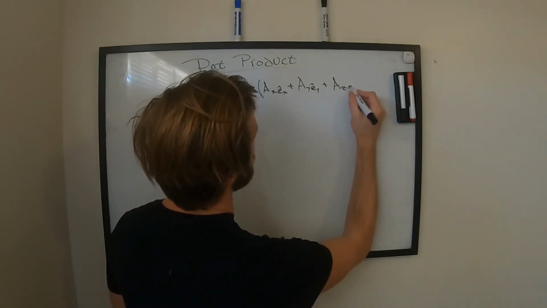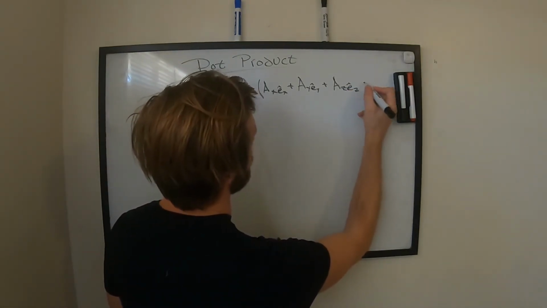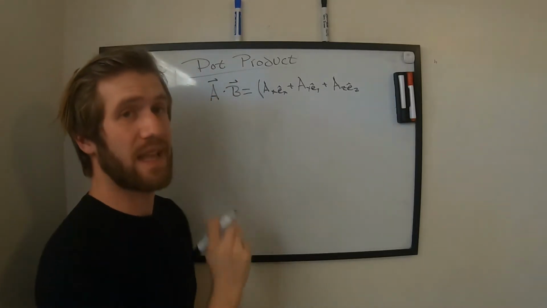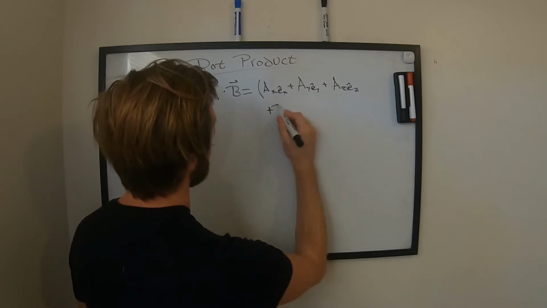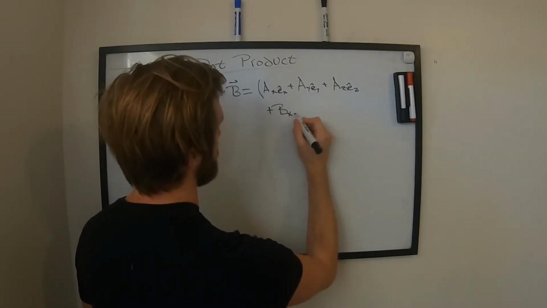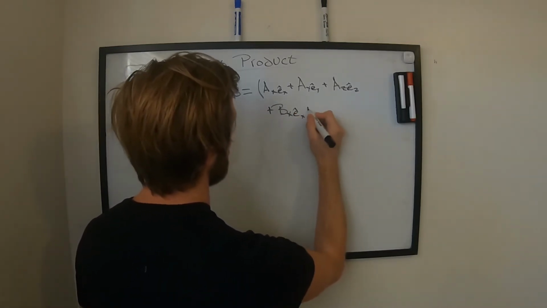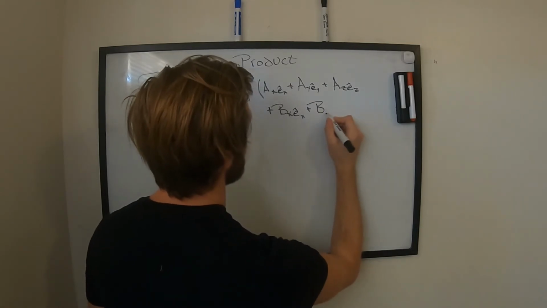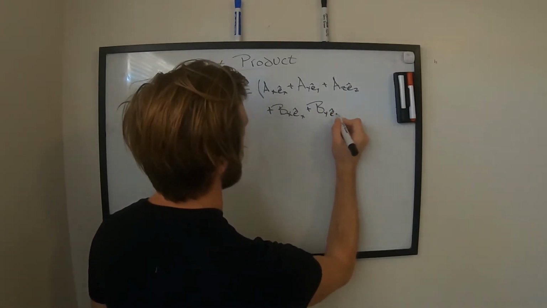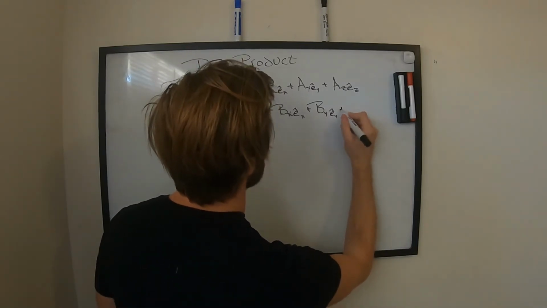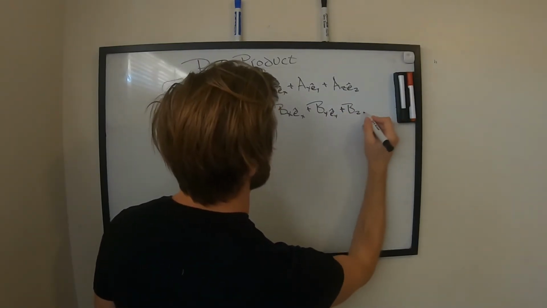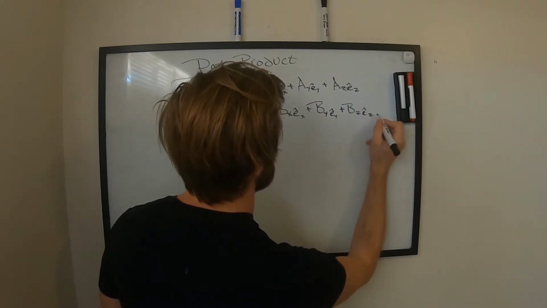So a sub z, e hat sub z. And then we do the exact same thing for vector B. So that's going to be b sub x, e hat sub x, plus b sub y, e hat sub y, plus b sub z, e hat sub z.